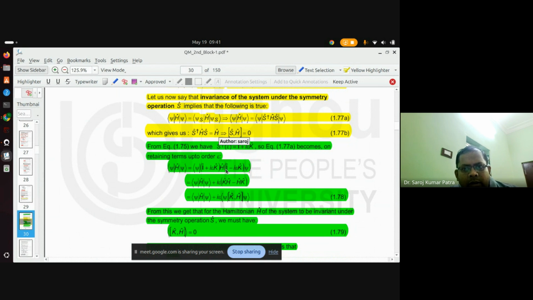S is I minus I epsilon K, and S dagger is I plus I epsilon K. So this is S dagger, this is H, and this is S. If you multiply, let me write it down, then it would be a little bit clearer.